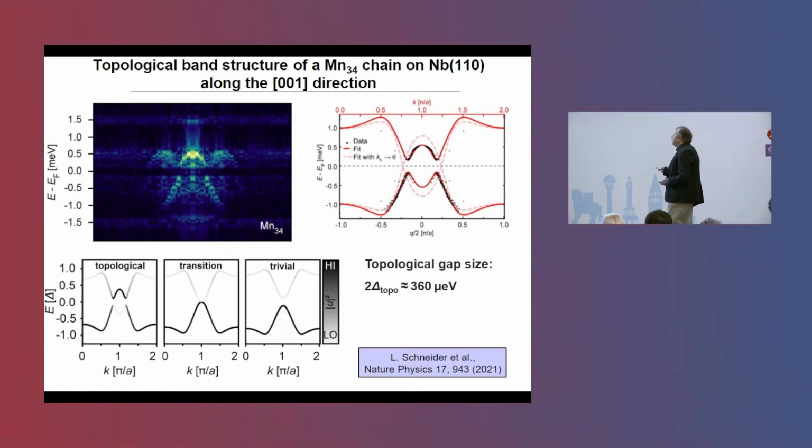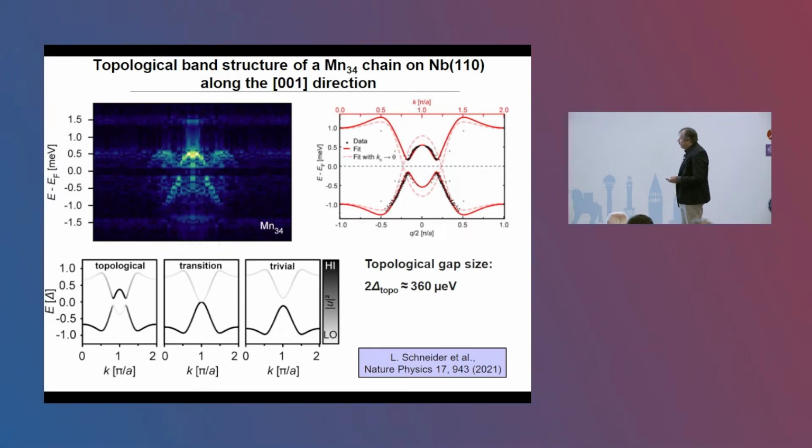And so we could really map out for the very first time the in-gap band topology inside the gap of a superconductor, really showing extremely nice agreement between the experiment and the theoretical expectation for a topological superconducting state for a quasi-one-dimensional system, and we could even determine the topological gap size.